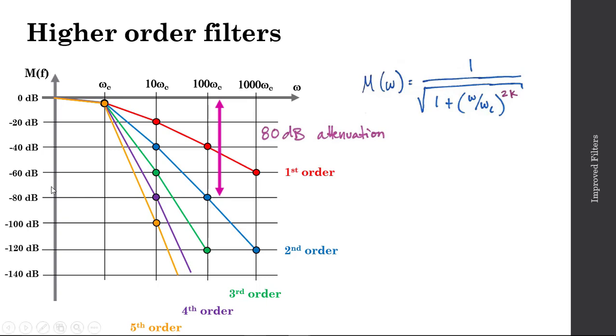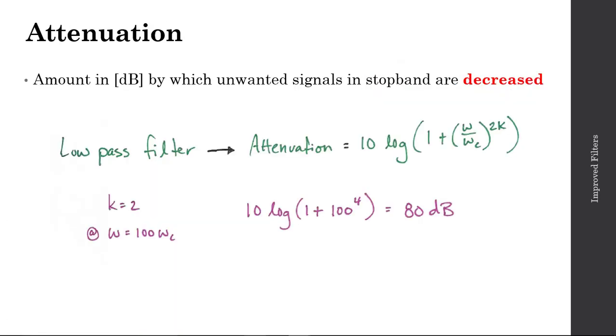If I were to go to higher order filters, say the fourth order filter, at that input frequency of 100 times the cutoff frequency, I'd be down around minus 160 dB. So I'd have 160 dB of attenuation. So we can solve this graphically or analytically, but the takeaway is that for higher order filters, I have more attenuation for the same input frequency.